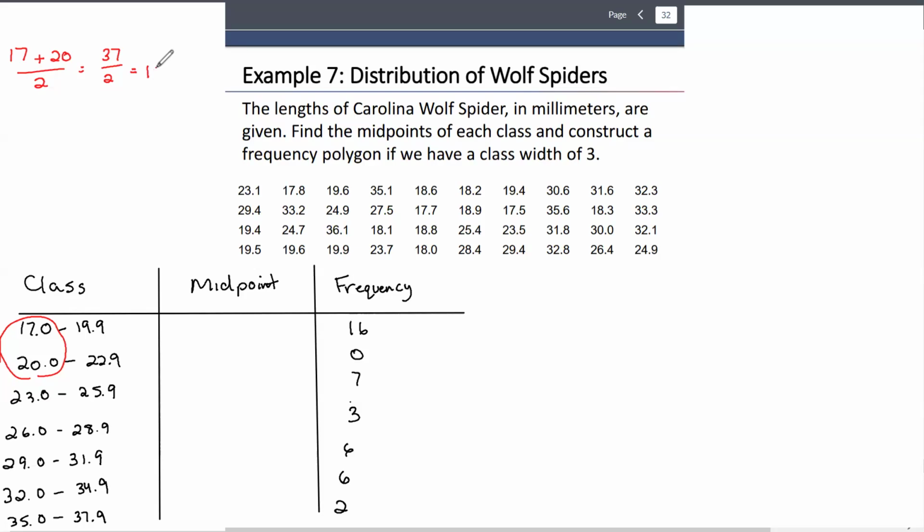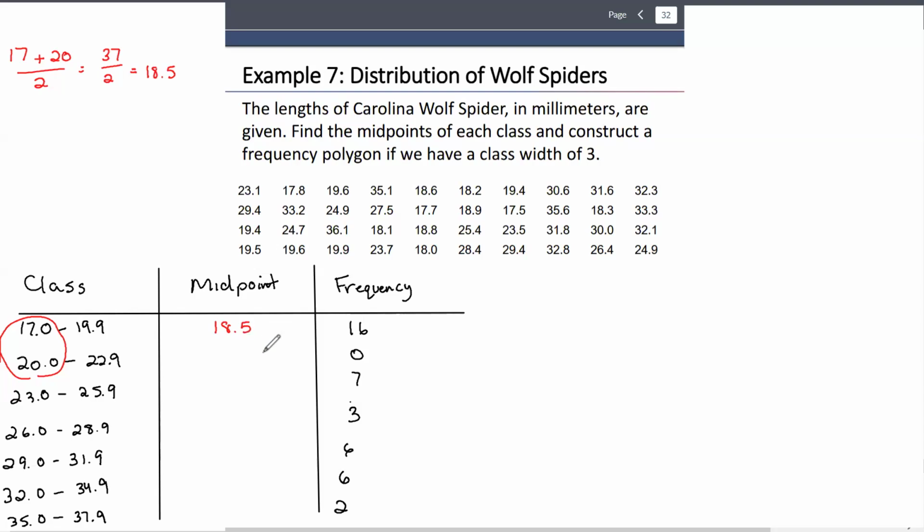So we would have an 18.5. Does that seem right? Okay, let me double check that. Yeah, 18.5. I don't know why that didn't seem right.